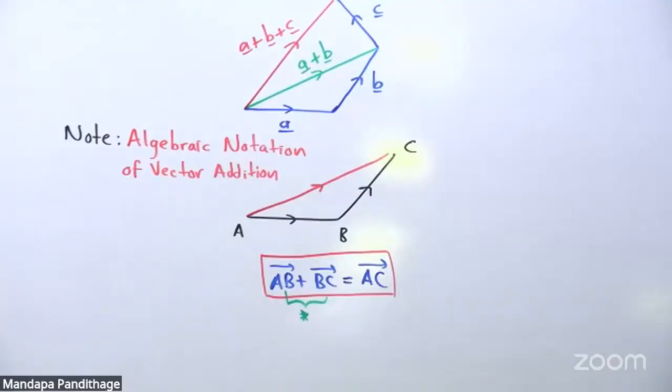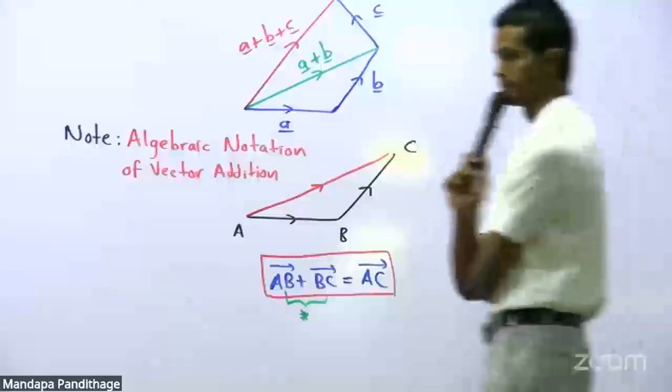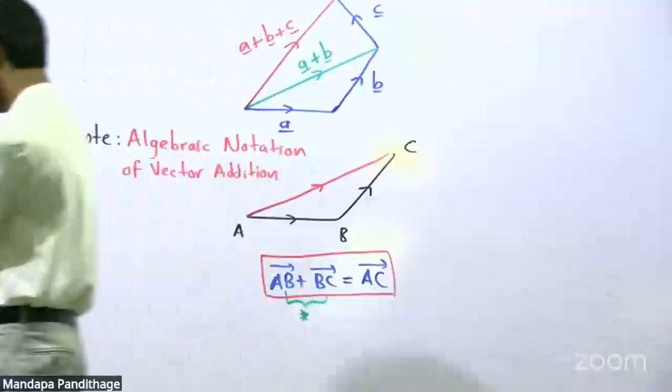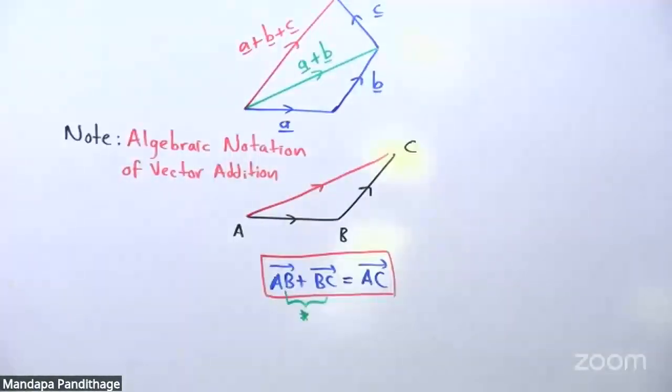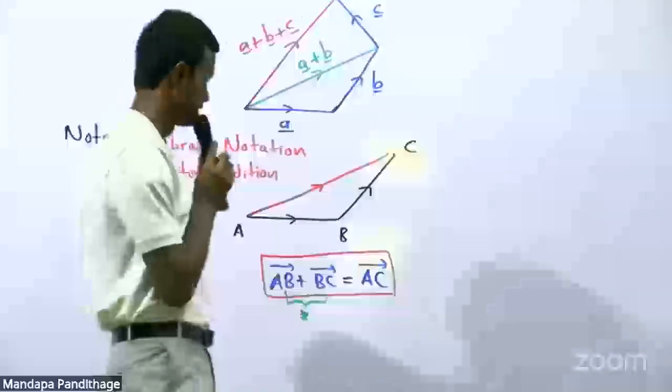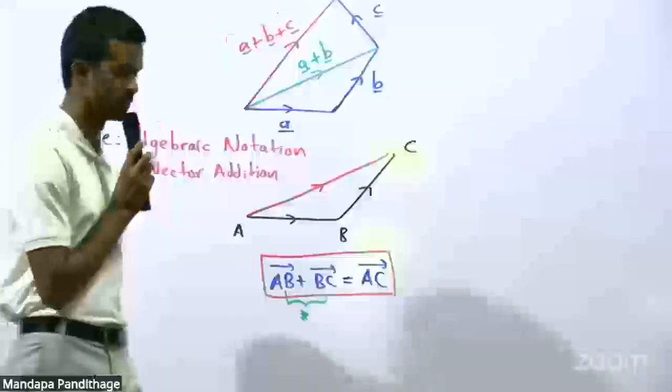Okay, then write this one. Draw the triangle and show that AB plus BC is equal to AC. Okay, AB plus BC is equal to AC.